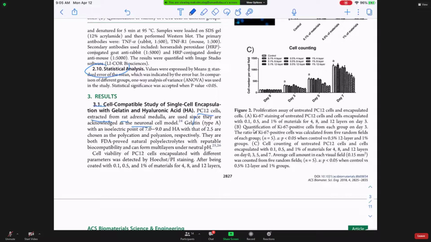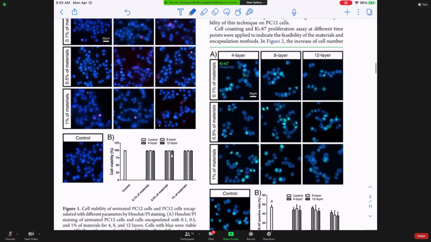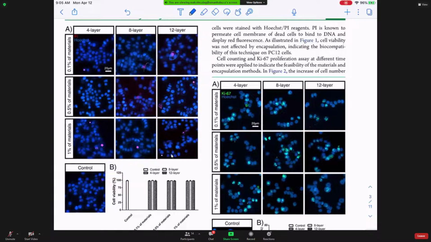You will see the cell viability test, which is important. For encapsulation with different parameters, we detect with Hoechst and PI staining. The red means dead cells, for example after being coated with different layers. We need the majority, 90% or 99%, to show no red.